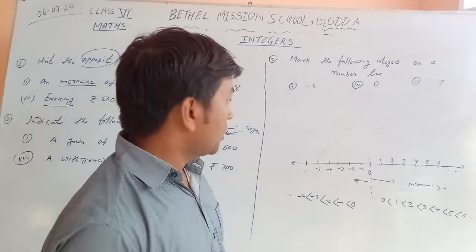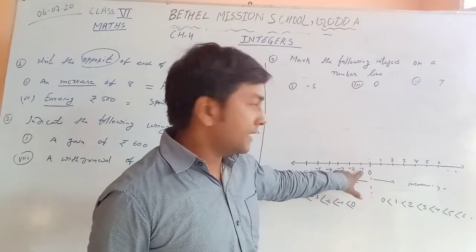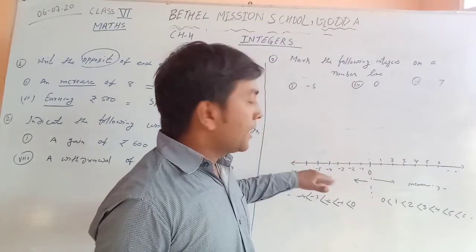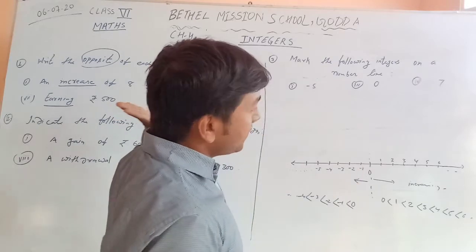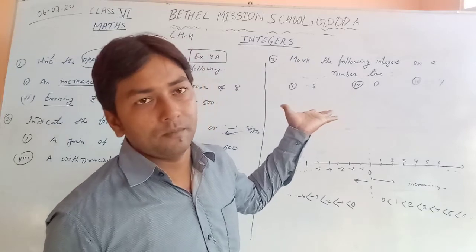Okay, so 0 is larger than -1, -2, -3, -4, means when you are moving back you are getting the smaller number.